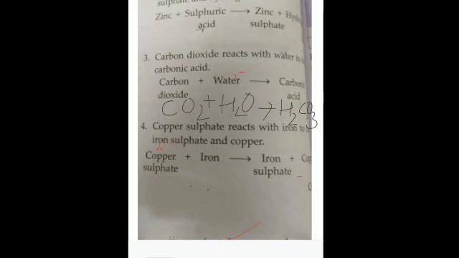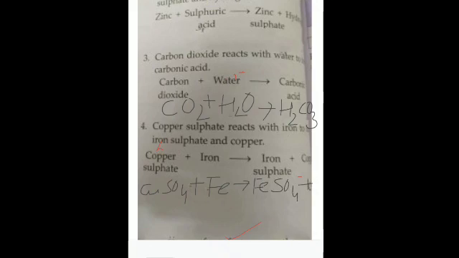Is it clear? Then again we have the next equation, that is copper sulfate reacts with iron to form iron sulfate and copper. So copper sulfate plus iron, the symbol is Fe, gives you FeSO4 plus Cu.